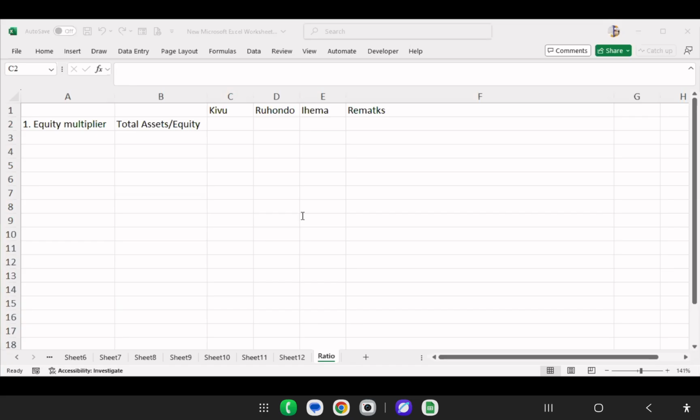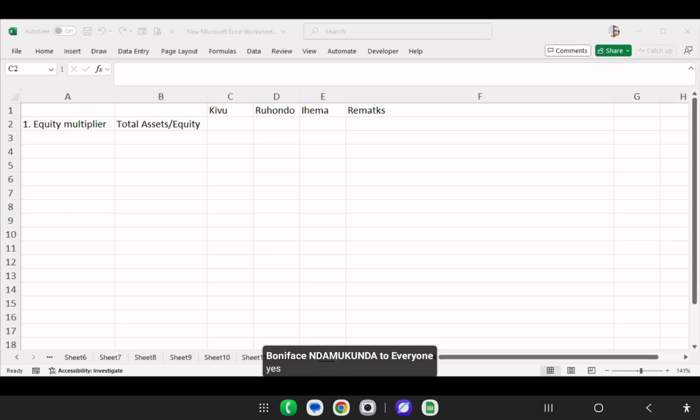Let's go to the question. We see the total assets and shareholders' equity are given. For the first one, total assets is 30.1 and shareholders' equity is 10.9. I don't know whether you can see that. Are we together?